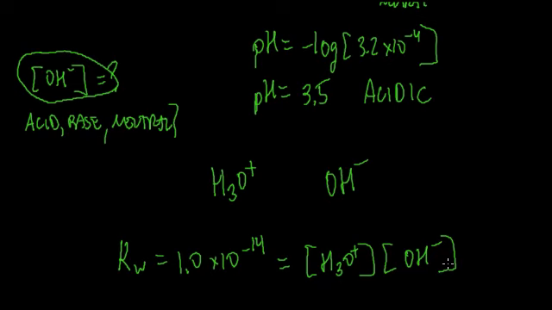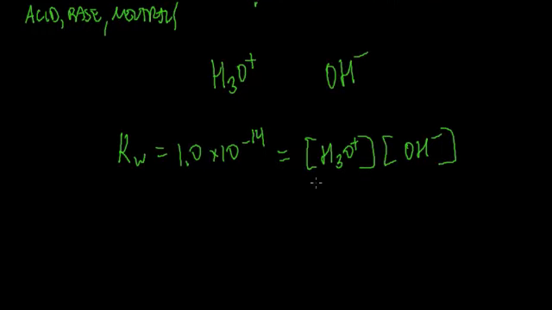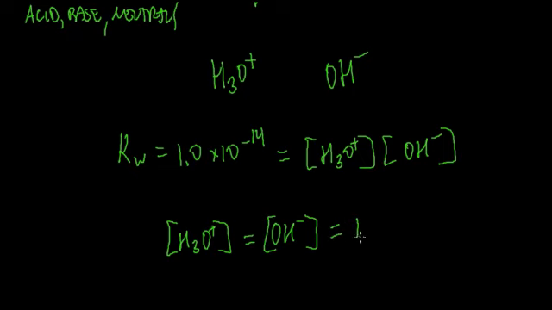Okay, and you'll find if you do the math, if both of these are equal, this would be x squared equals 1.0 times 10 to the minus 14. You'd notice then that in a situation where they're both equal, they both equal 1.0 times 10 to the minus 7.